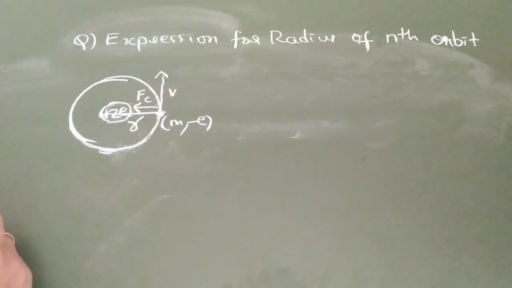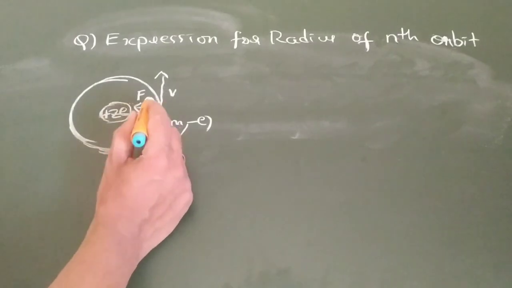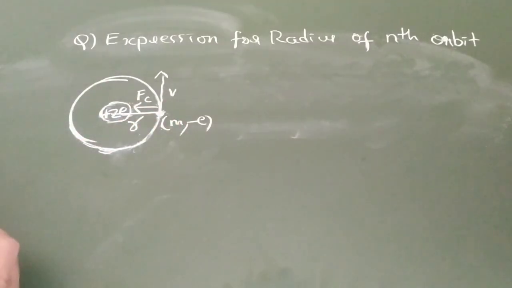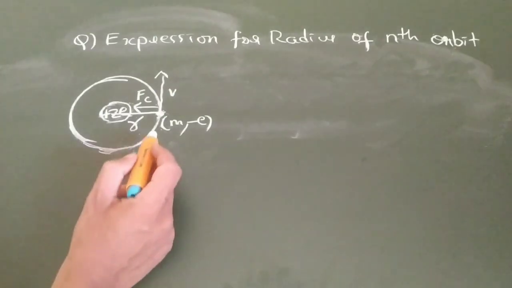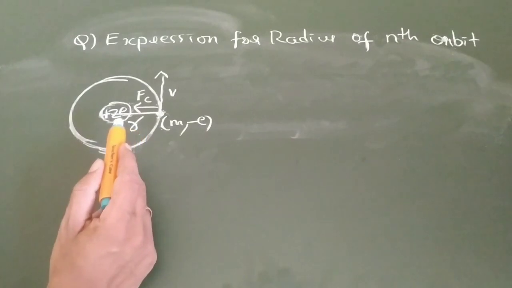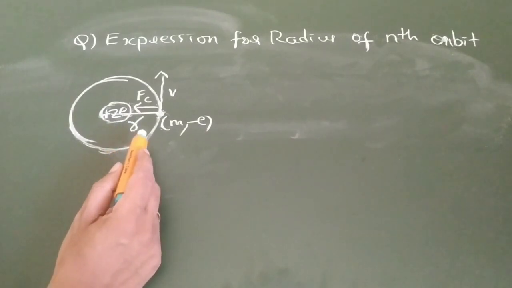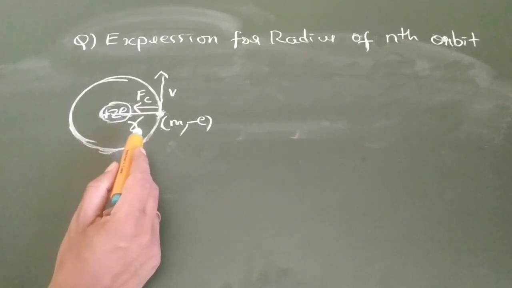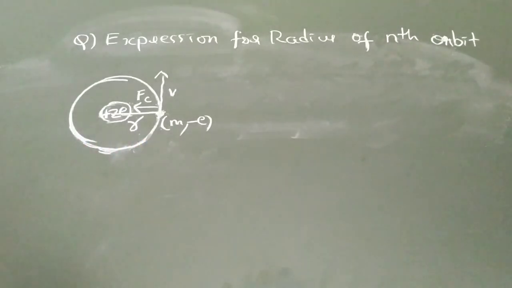Electrostatic force. So I can say that the centripetal force is due to the electrostatic force. Because the electron is making a circular path, it must have a centripetal force, and that centripetal force is due to the electrostatic force.